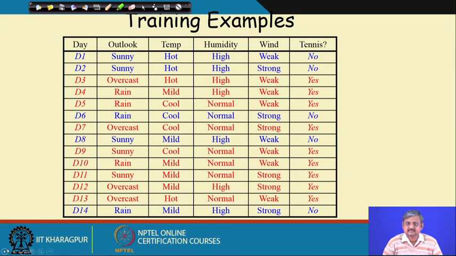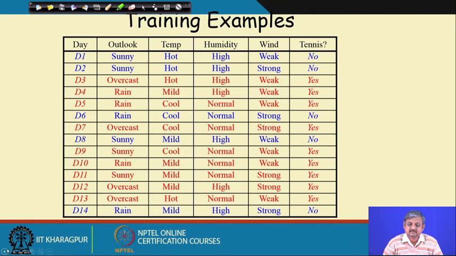Besides the last column, each day is described by 4 attributes represented by these columns. So, these attributes are, how does the day look like, outlook I call it, it is sunny or overcast or raining.